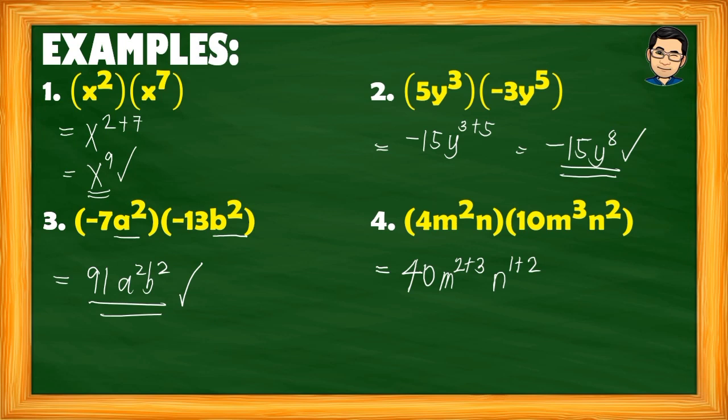Kapag literal coefficient lang po, hindi po visible yung exponent, understood po is 1 po yung exponent. So, i-add lang natin yung mga exponents. Copy lang natin 40. And then, 2 plus 3, that is 5, so 40m to the 5th power. And then, 1 plus 2, that is 3, so magiging n cubed. Our final answer will be 40m raised to the 5th power n cubed.